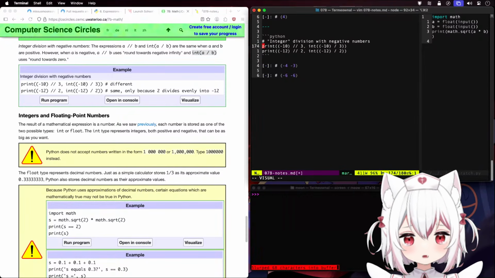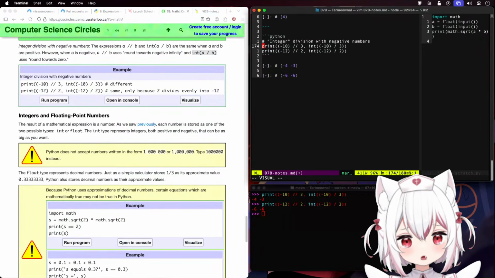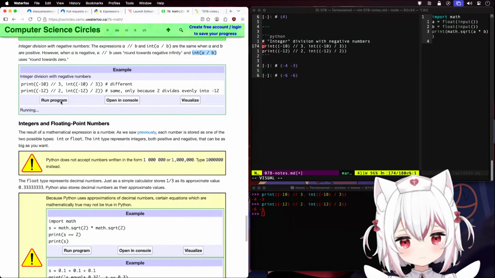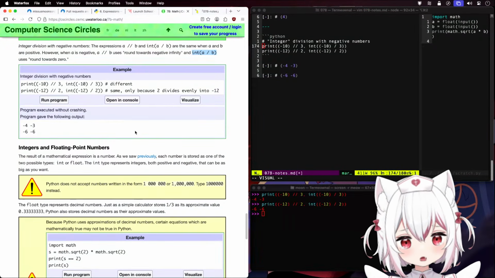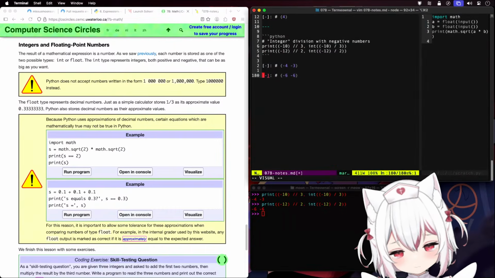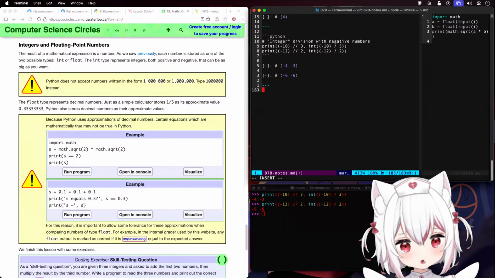We got, what do we got? Negative 4, negative 3, negative 6, negative 6. That's true. Okay. Good. This shows that we are developing some understanding of how this works.